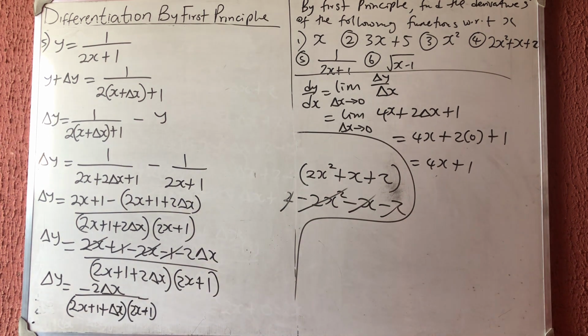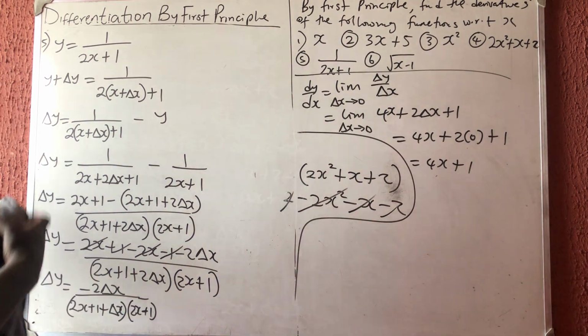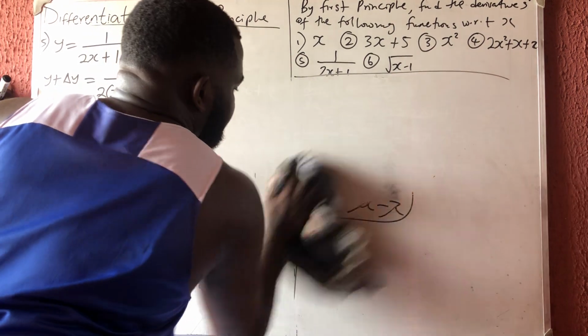So, getting to this point, I'm going to divide by change in x, our normal method. Permit me to finish it off this side.